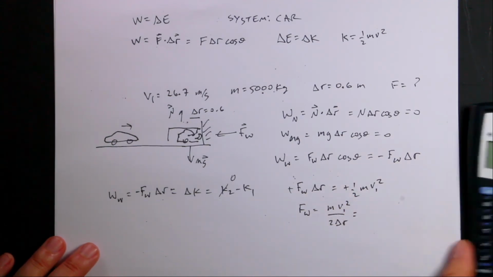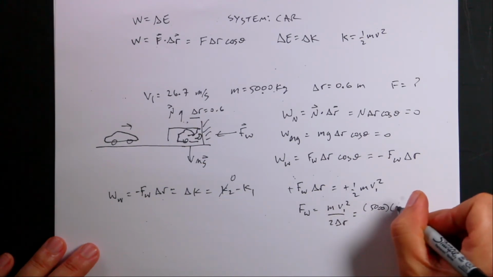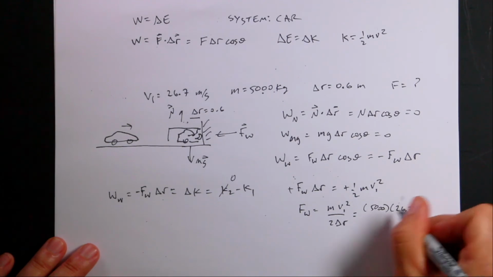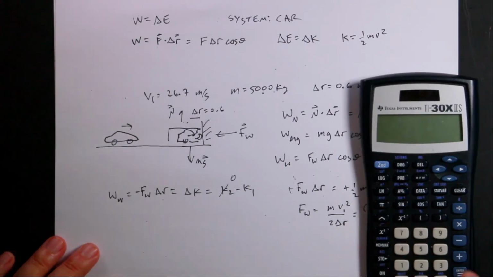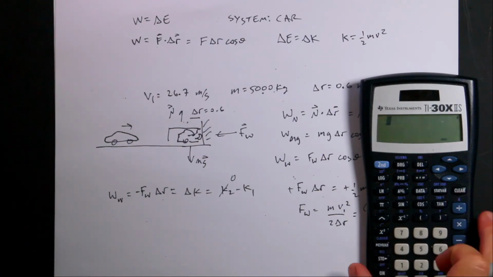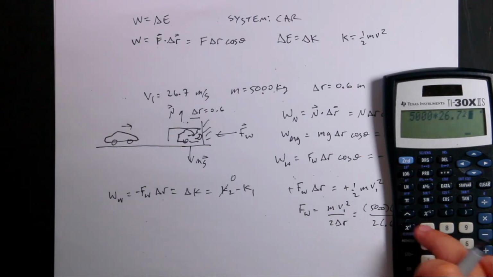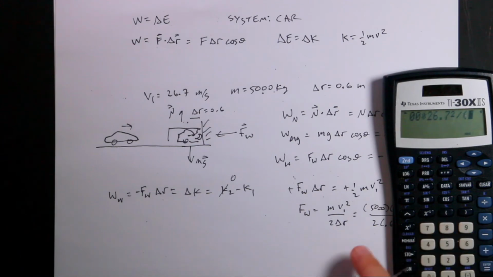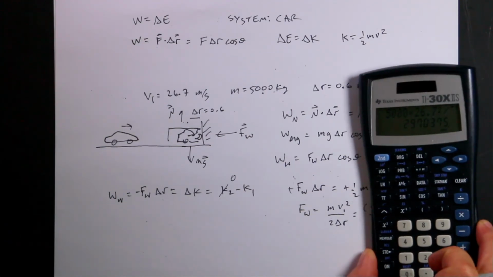And let's just put in my values. I get 5,000 times 26.7 squared over 2 times 0.6. So here's my calculator. I'm going to say 5,000 times 26.7 squared divided by parentheses, because I got two things down there, 2 times 0.6, which I could just do in my head. Enter. And I get a huge force.